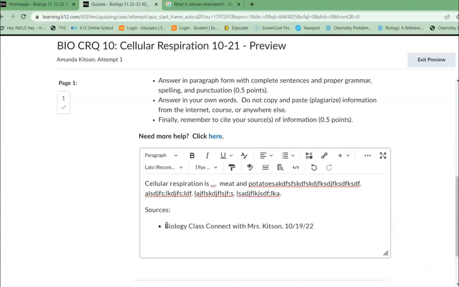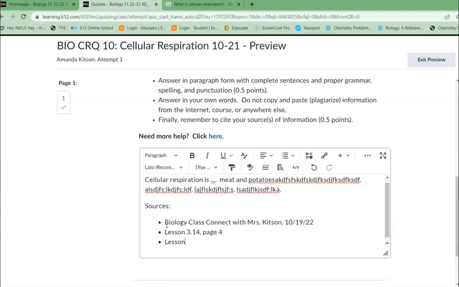So that's pretty specific. If you used a lesson in the course, lesson 3.14, tell me what page number you used, page 4. Or if you used a couple of pages, maybe from lesson 3.15, or pages 4, 6, and 9, if you used a number of pages.